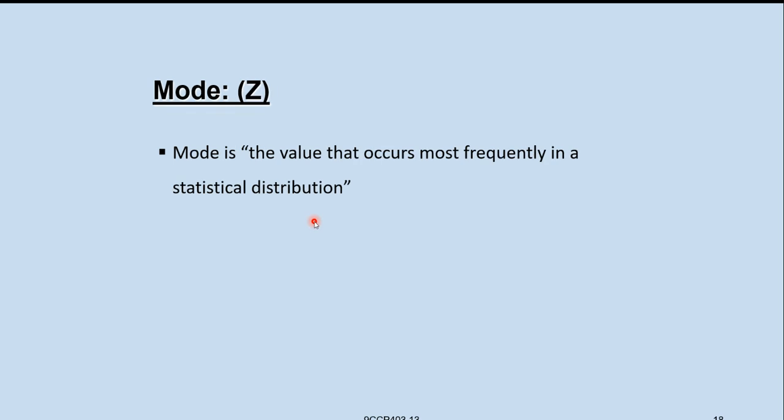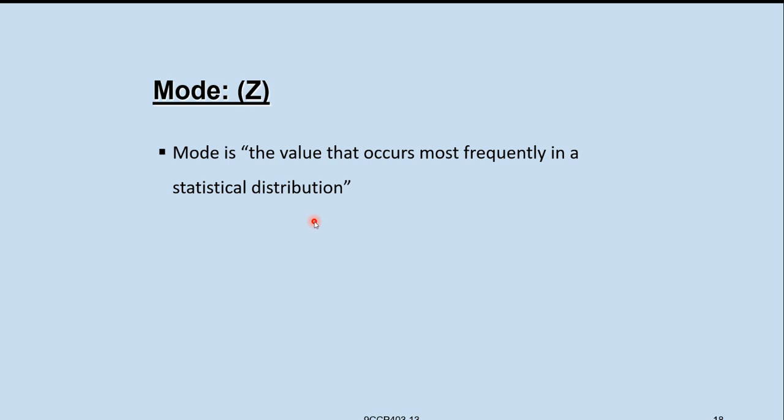Mode is the value that occurs most frequently in a statistical distribution. In the data, if the same value is repeated for more number of times, then that value can be considered as mode. So that we will see when we come to mode.